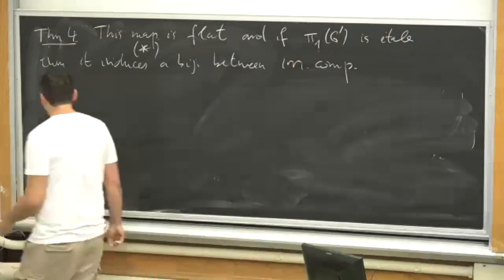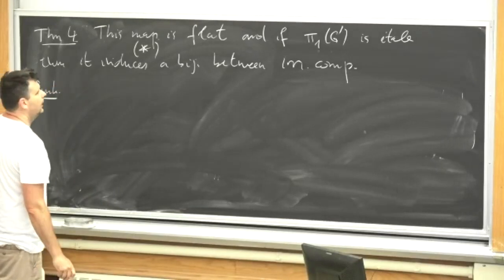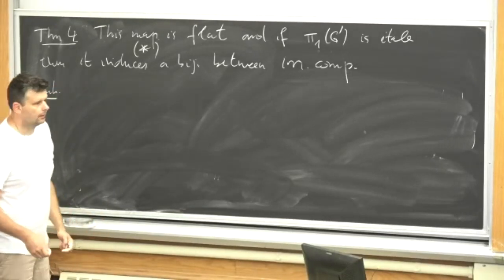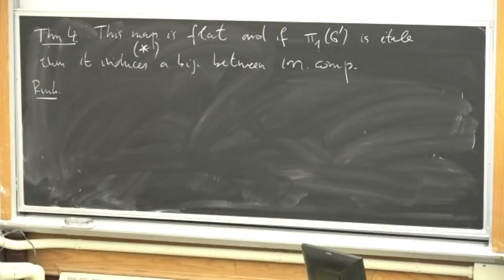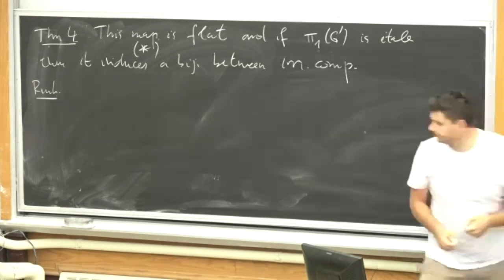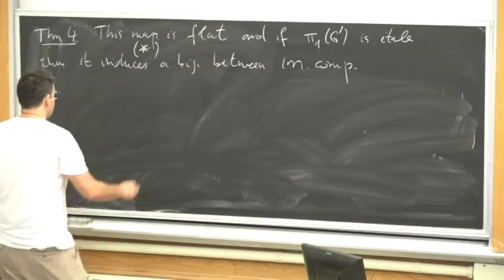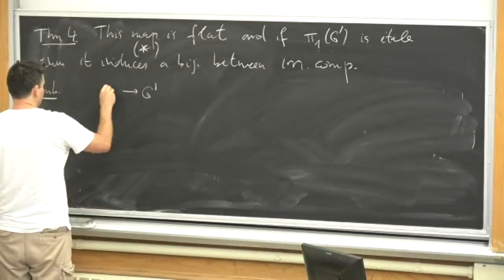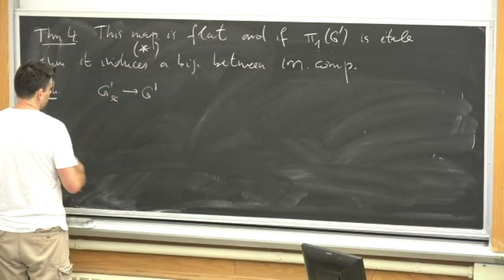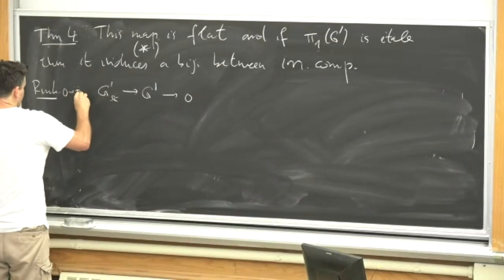So we have this group G prime, and you have this central simply connected cover, and there's phi 1 G prime.